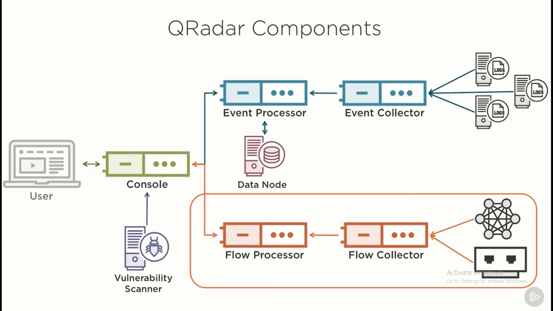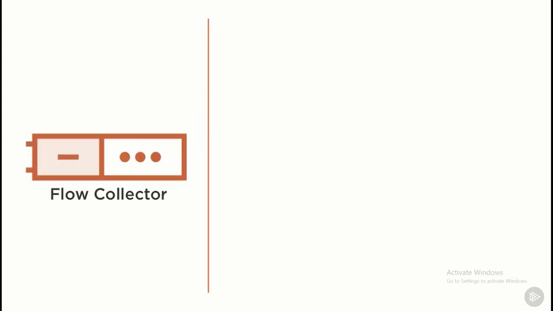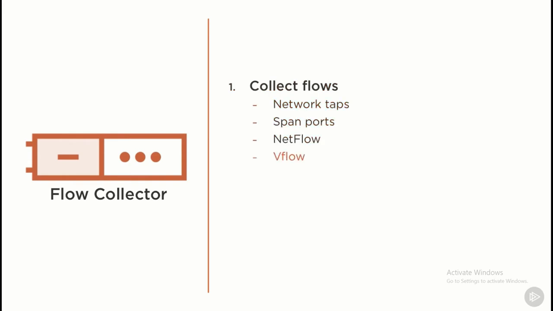Now let's take a look at the flow part of the diagram. It's very similar to what you saw on the last slide. The flow collector collects flows from different flow sources such as network taps, span ports, NetFlow, sFlow, QFlow, and so on. After collecting the flows, the collector normalizes them, similar to what the event collector does. The flow collector extracts the main information from the raw logs and puts it in a normalized way.